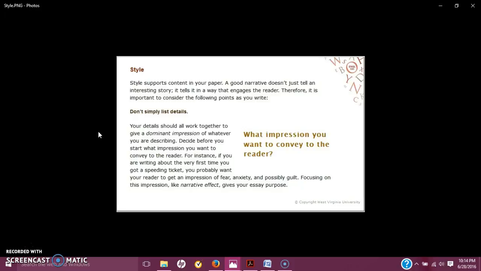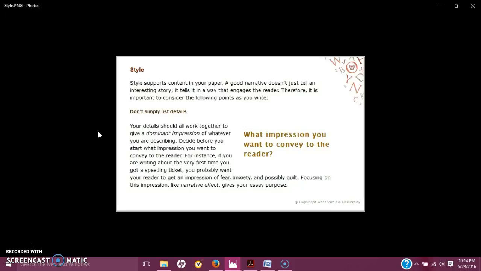Dialect. This relates to dialogue. If you come from a specific part of West Virginia, or some of you are from Connecticut or Florida, I'm sure there are things that you say, or phrases, or the way that you phrase things that is specific to your region. So dialect could be a great tool to include in your papers.